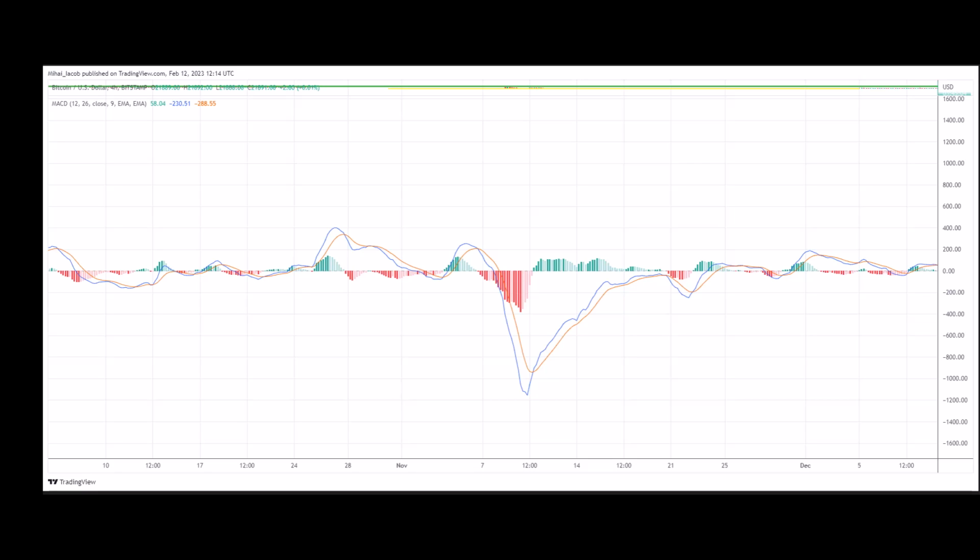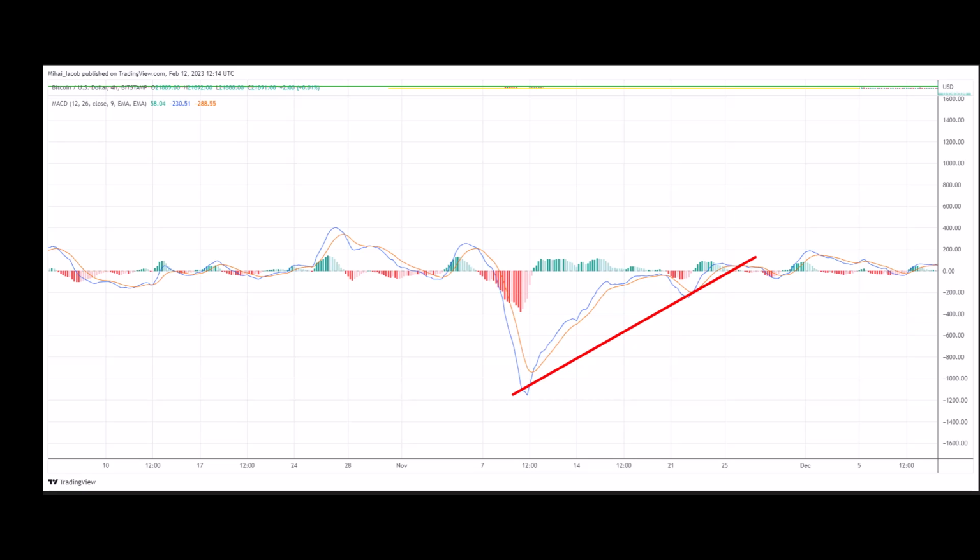A bullish divergence occurs when the asset is making new lows, but the MACD is not confirming those lows. This can be a signal that the downtrend is losing momentum and an uptrend may be emerging.